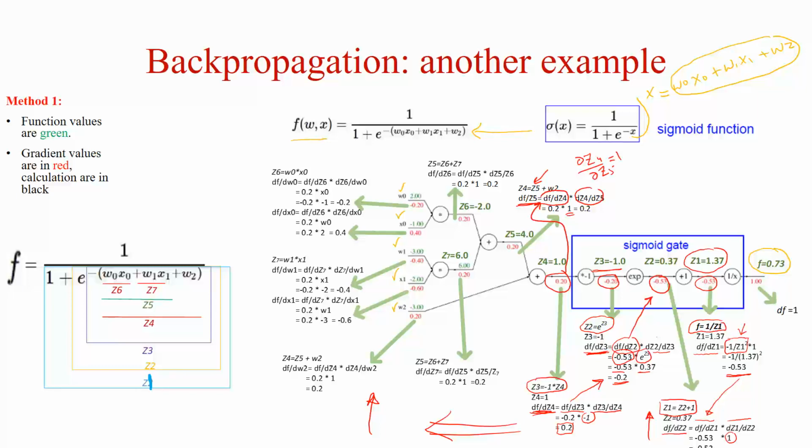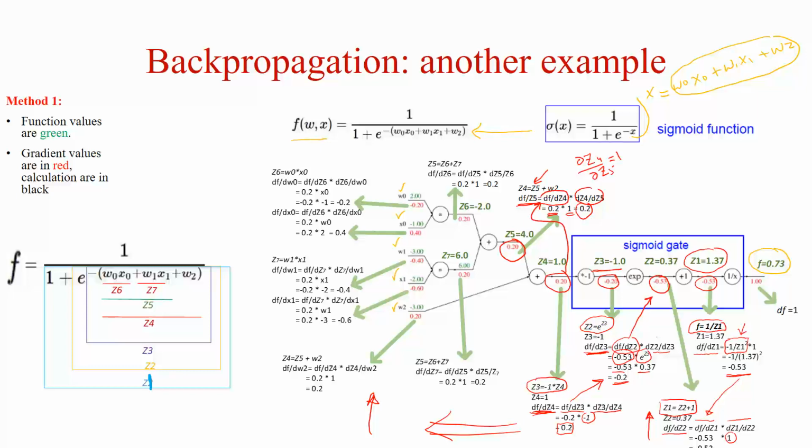Delta f over delta z4, I have already computed, is 0.2, so the result is 0.2, and therefore delta f over delta z5 equals 0.2.